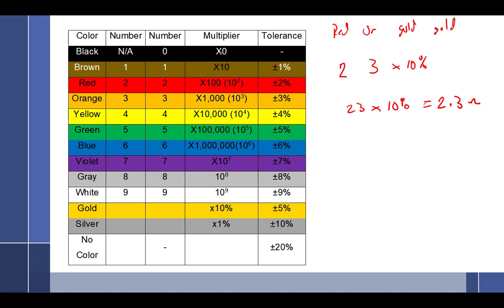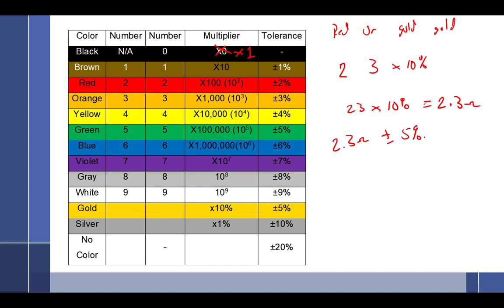So a resistor only has four bands always, or is it? Follow the order of the band. Yes, left to right, and the gold is always on the far right. All right, but it's 23 ohms plus or minus what? Plus or minus 5. 23 ohms plus or minus 5%.